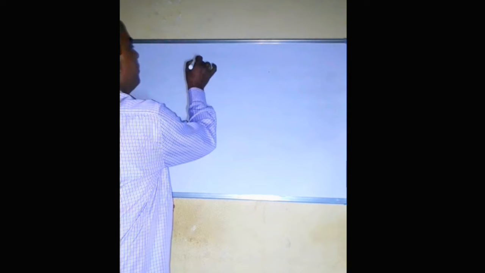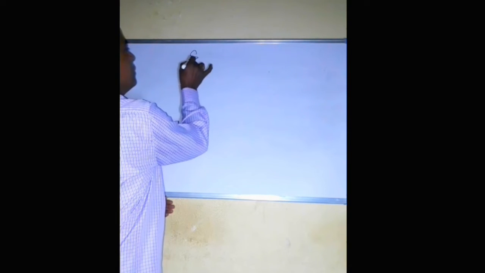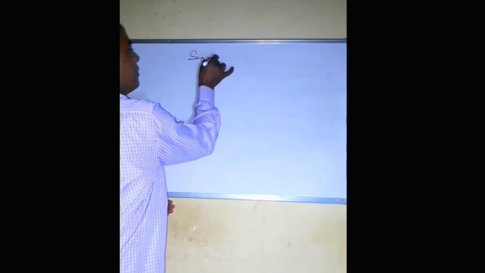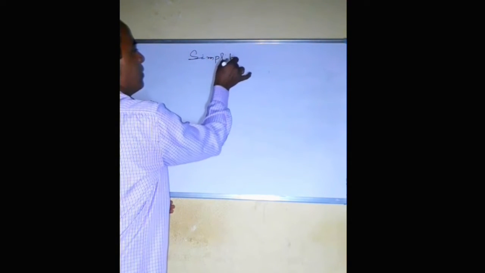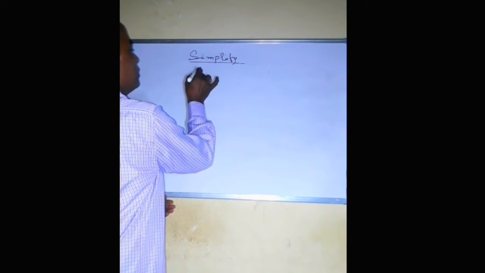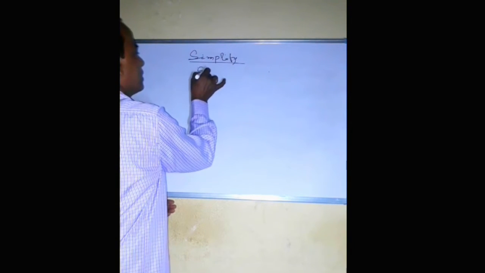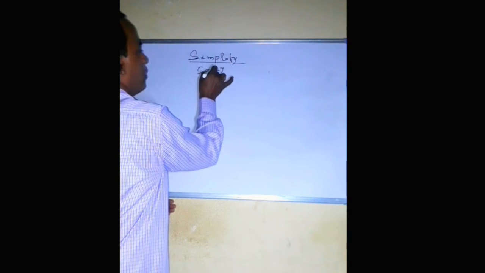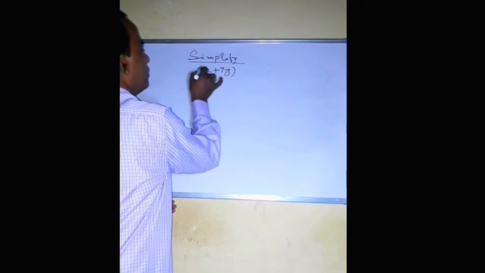But if the question is only to simplify, suppose the question is (5x plus 7y) whole square.